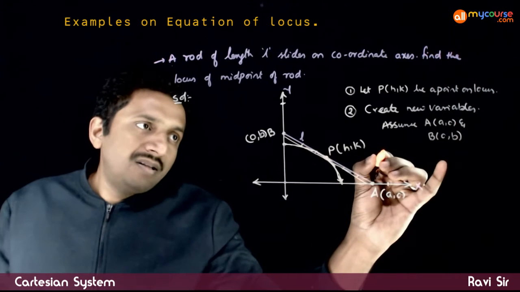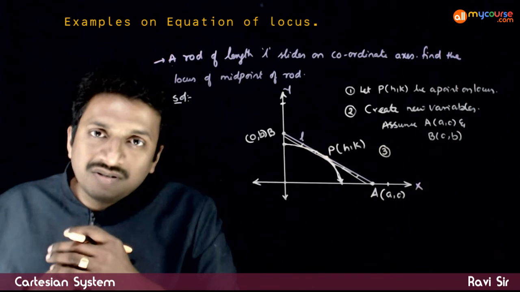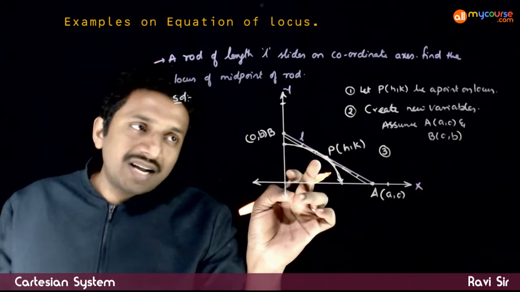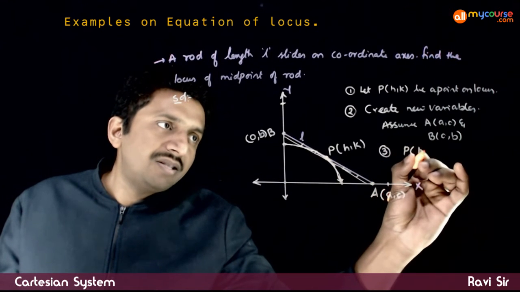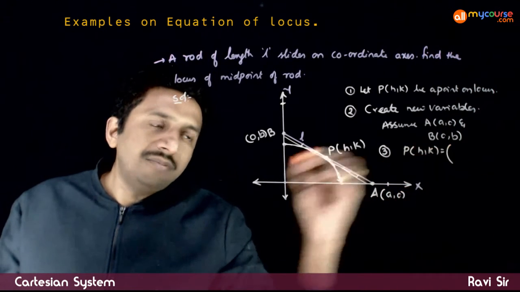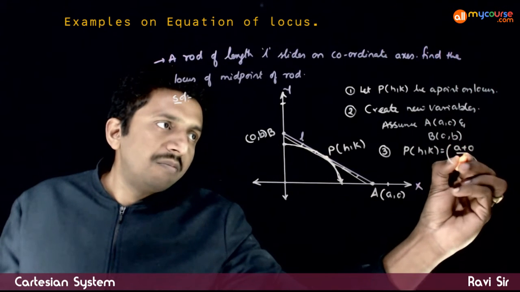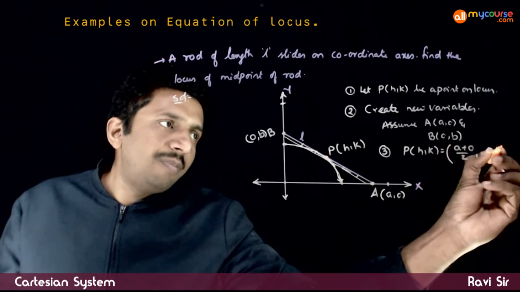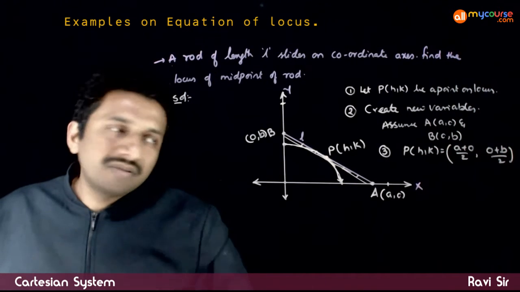Now, using these variables, write the equations if you can. Now, what is the condition? P(h, k) is the midpoint of this. So P(h, k) is equal to ((a plus 0) by 2, (0 plus b) by 2). Now you are able to write some equations.